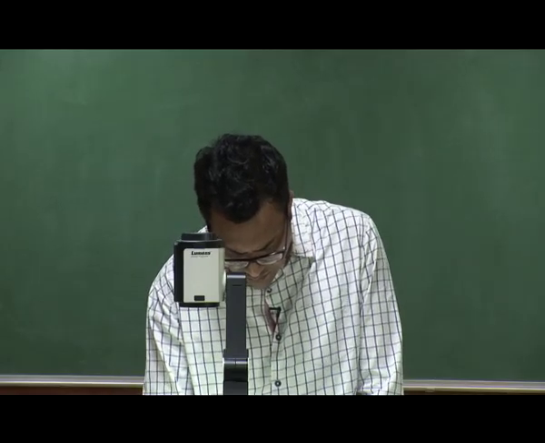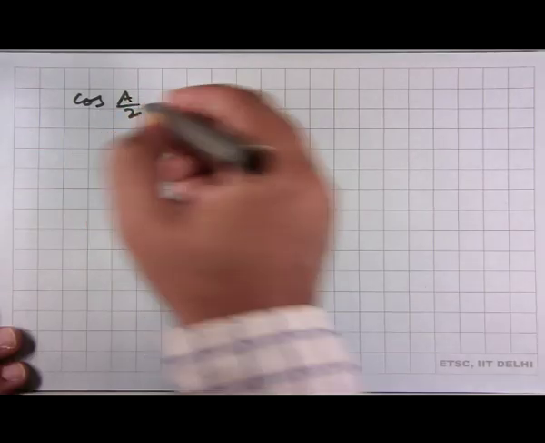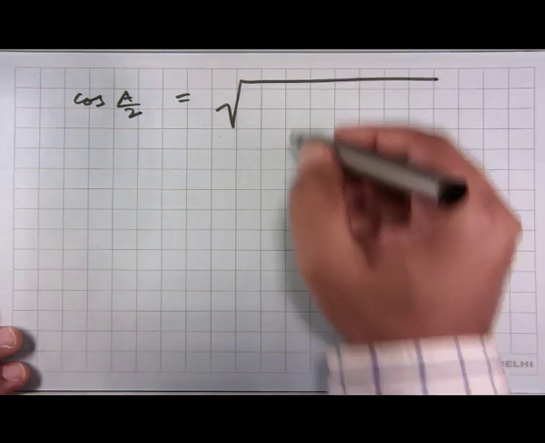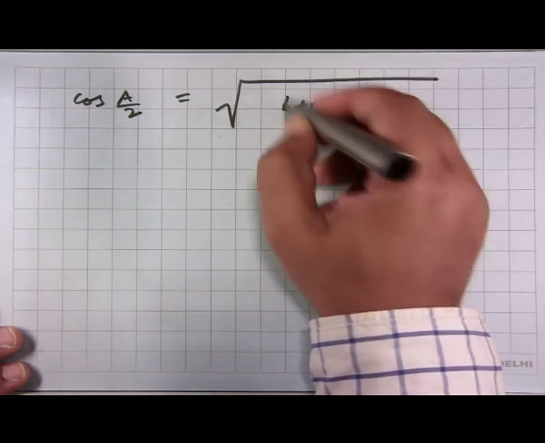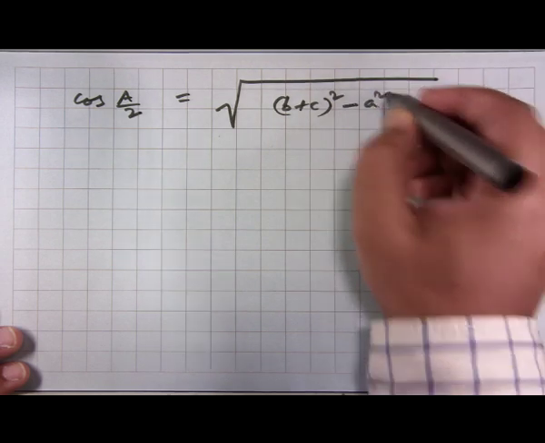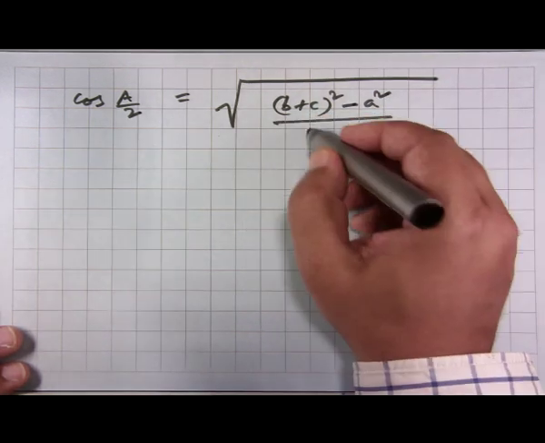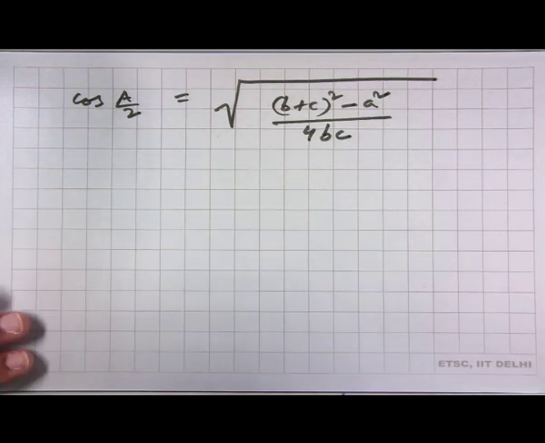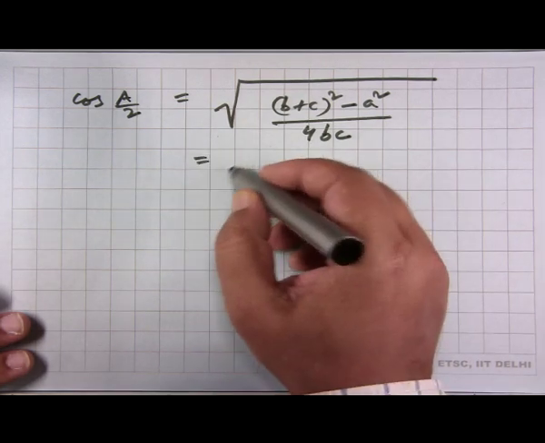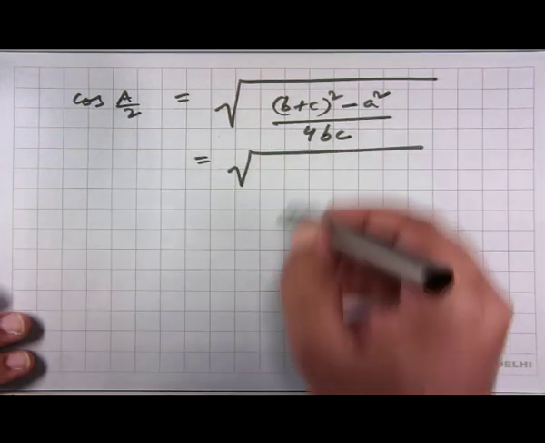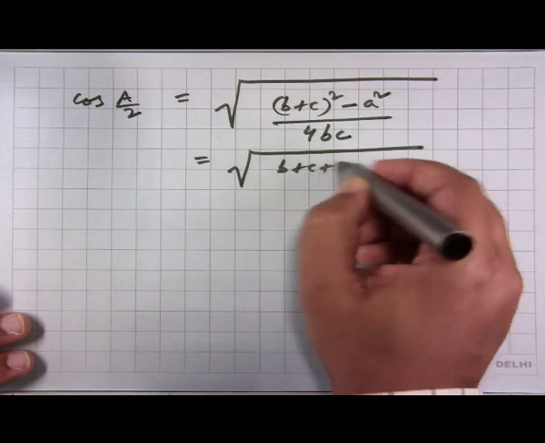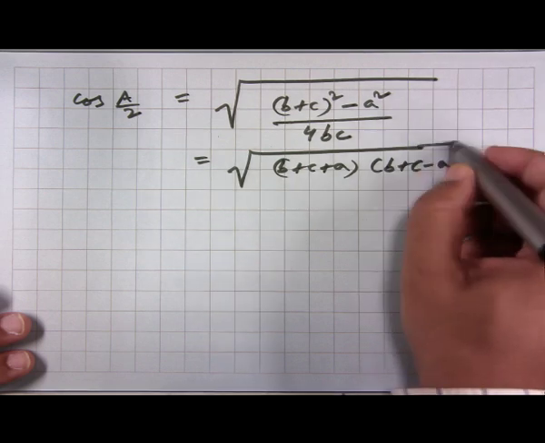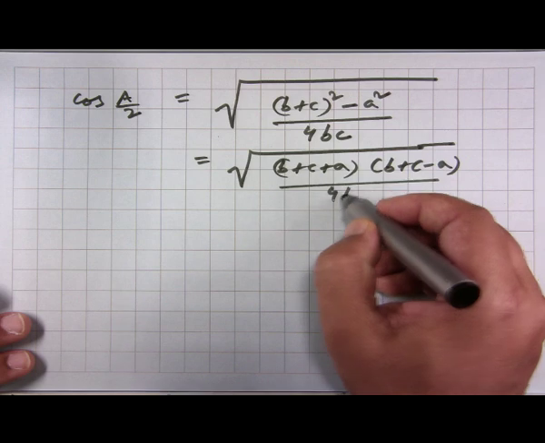That is, cos A by 2 equals the square root of ((b plus c) whole square minus a square) over 4bc, and that can be further simplified to (b plus c plus a) into (b plus c minus a) over 4bc.